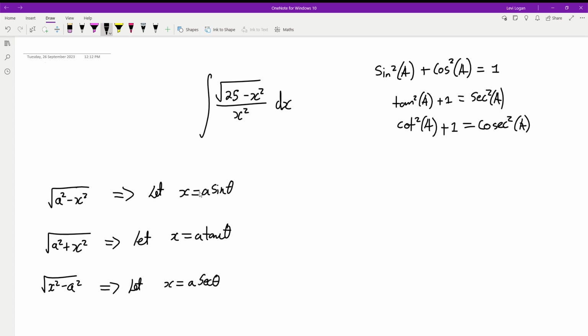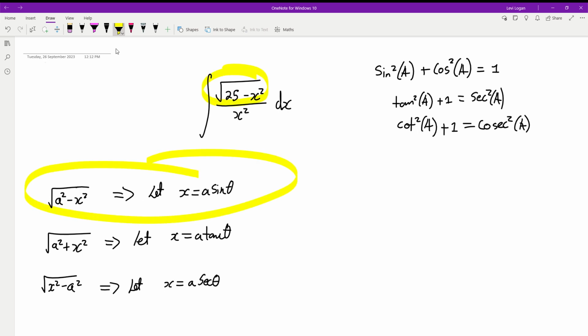Using these, you can break the trigonometric stuff down really easily, and combining with the Pythagorean identities, you'll be able to integrate really easily. So, in our integral here, we've got the first scenario. In our scenario, a squared is 25. That means a must be 5. So we want to let x equal 5 sine theta.